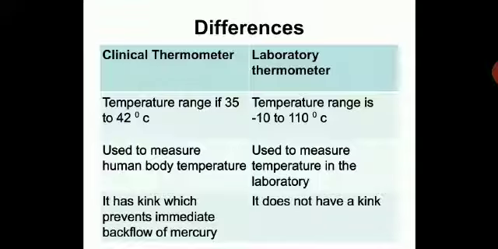Laboratory thermometer is used to measure temperature in the laboratory. Clinical thermometer has a kink which prevents immediate backflow of mercury, whereas laboratory thermometer does not have a kink. So these are the three main differences between clinical thermometer and laboratory thermometer. We have to make columns like this and you have to write these in your notebook.